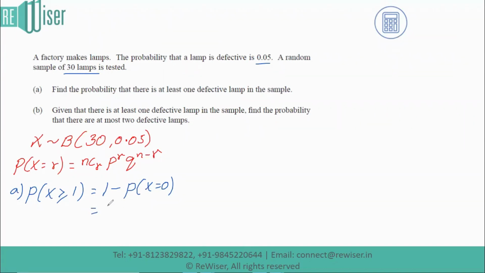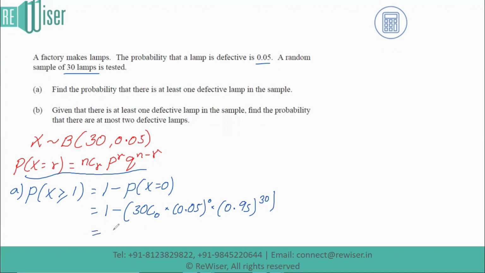So this is going to be 1 minus, and to figure out the probability of X equals 0, I will use this formula. n is 30, so 30C0 times p, the probability of success, which is the probability that it is defective, 0.05 to the power of 0, and q is the probability that it's not a success, so 1 minus 0.05, which is 0.95, to the power of 30, because it's n minus r, where n is 30 and r is 0.